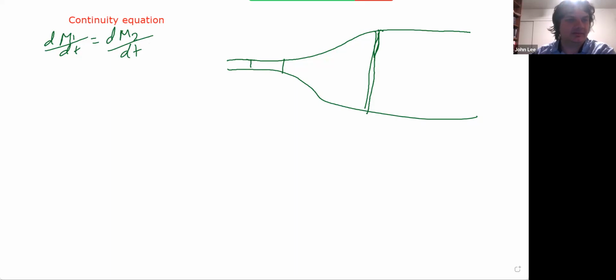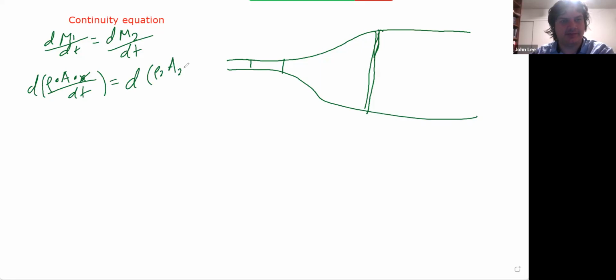So rho1 A1 x1 over dt is equal to rho2 A2 x2 over dt. Let me just get rid of the rho because rho is constant.